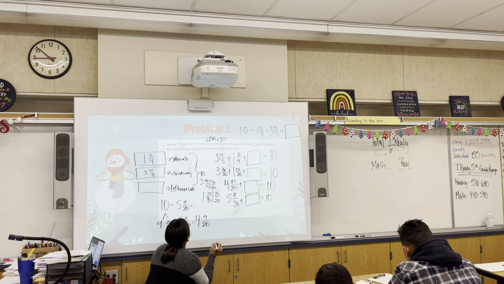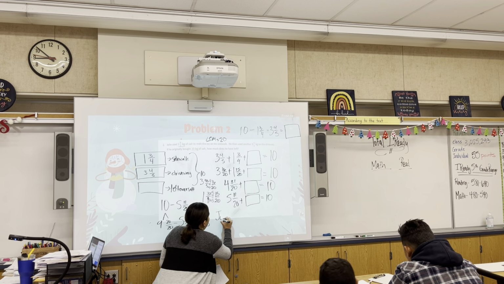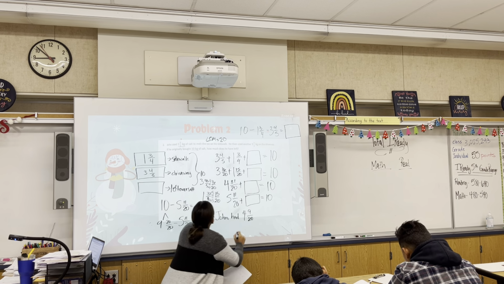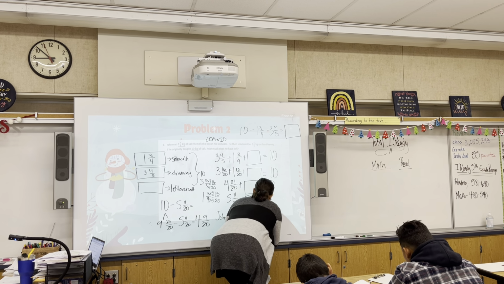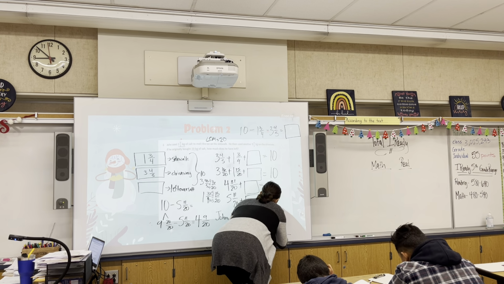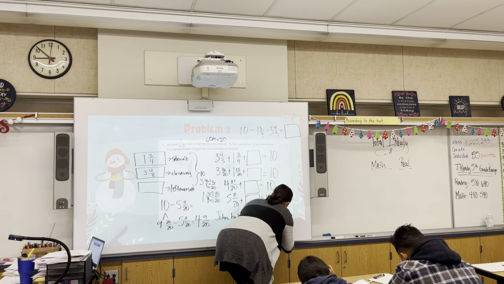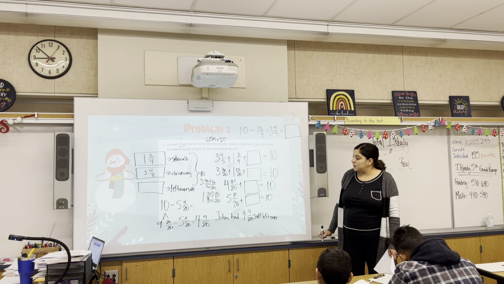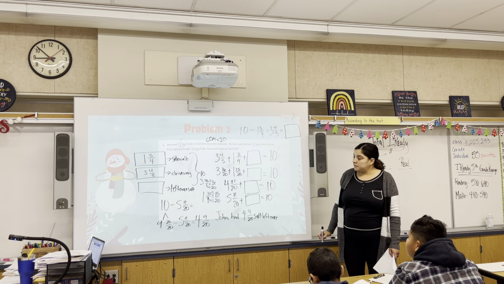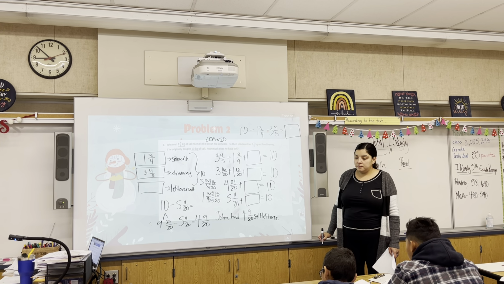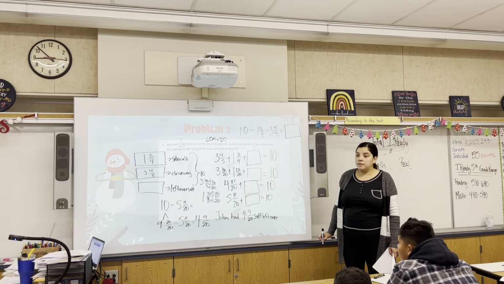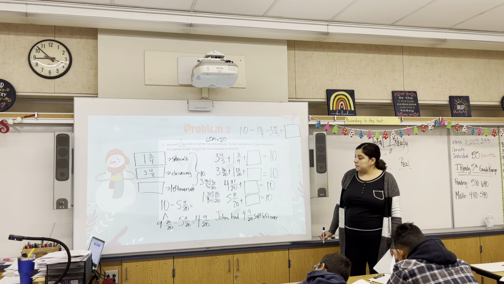So then we can say that John had 4 and 9/20 salt left over. Yes? Yeah? Good.